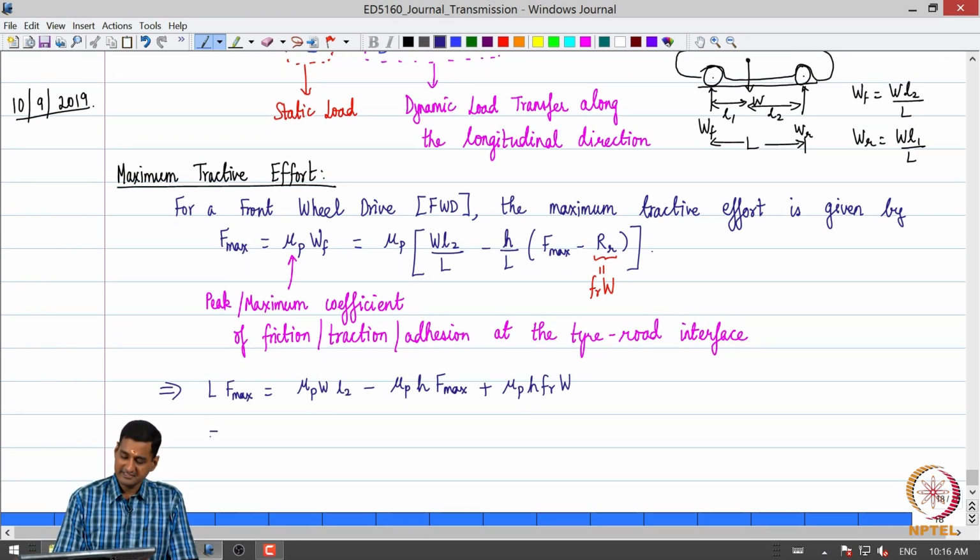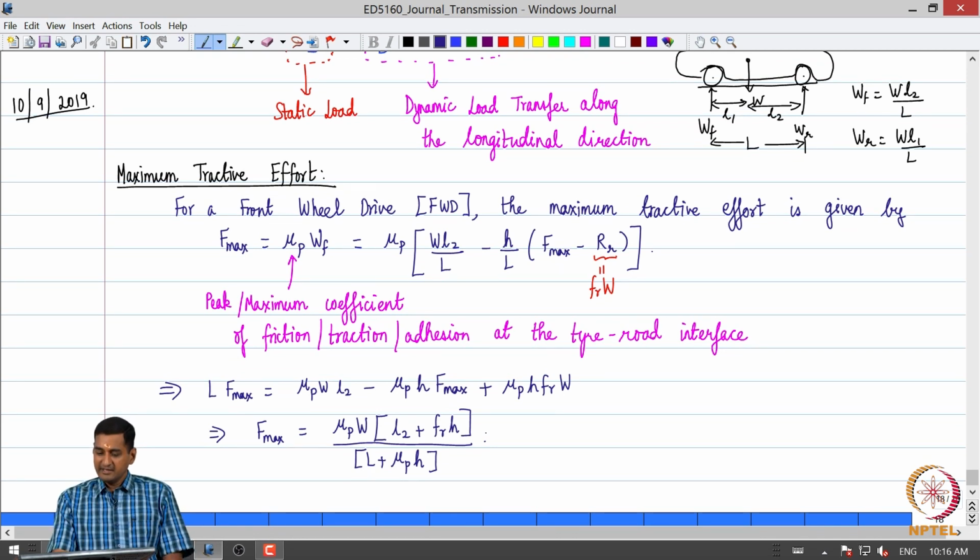If I simplify for F max, this expression reduces to mu p W times (L2 plus Fr H) divided by (L plus mu p H).